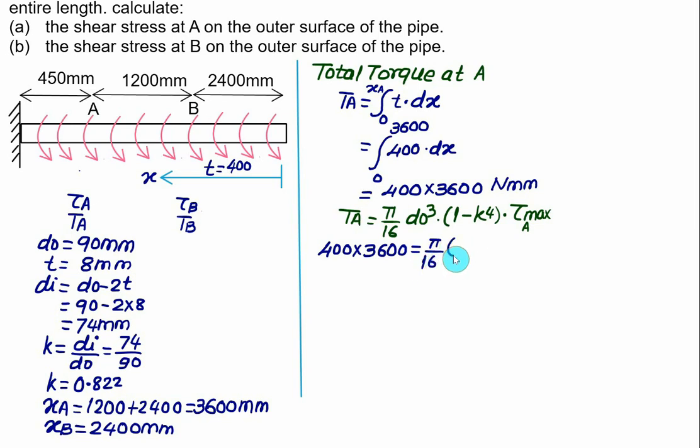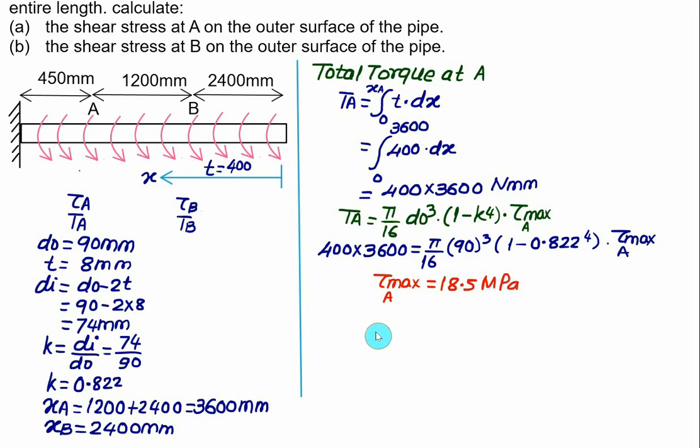Outer diameter DO is equal to 90, so we have 90 cube into 1 minus K, K is equal to 0.822, to the power 4, multiplied by the maximum shear at A. So the maximum shear at A comes out to be 18.5 megapascal.